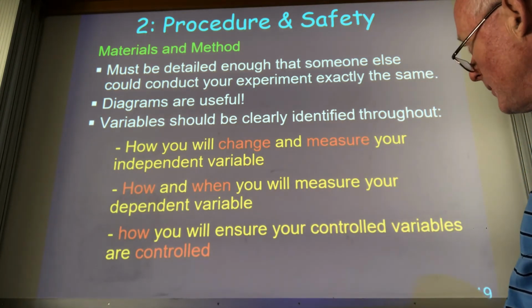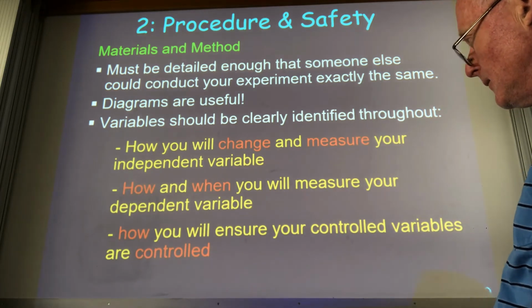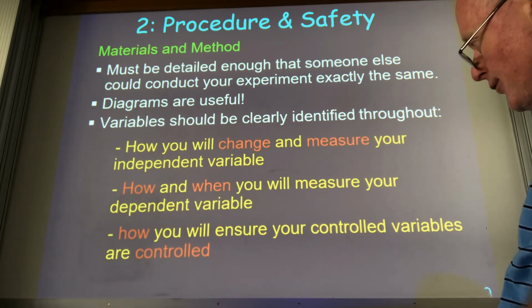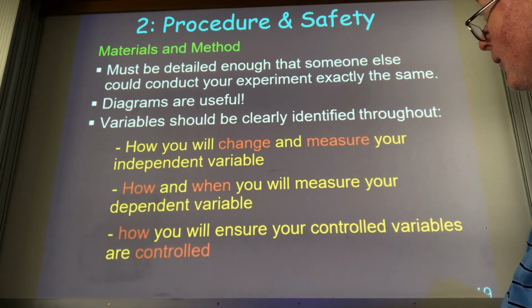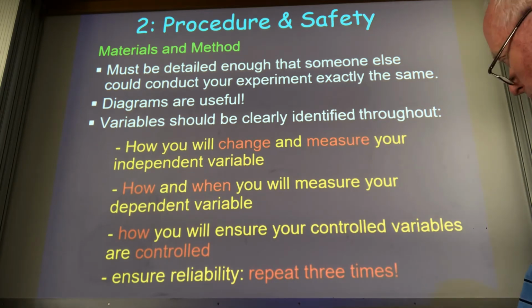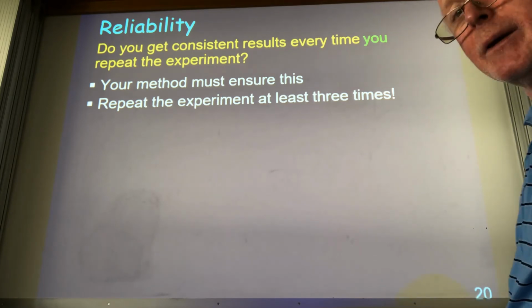How you change your independent variable, how you measure your dependent variable, how and when, and how you control your controlled variables. And of course, to ensure reliability, we repeat our experiment 3 times. 3 replications is a good number. So that repetition has to be included in your method.